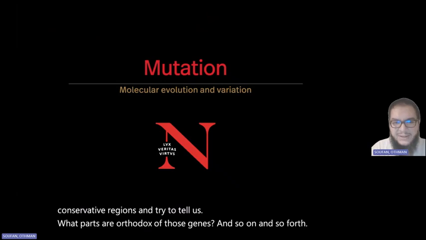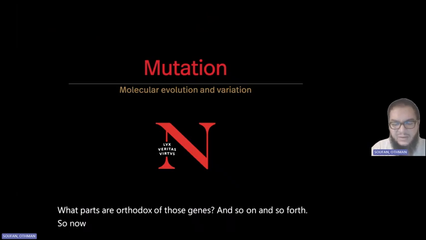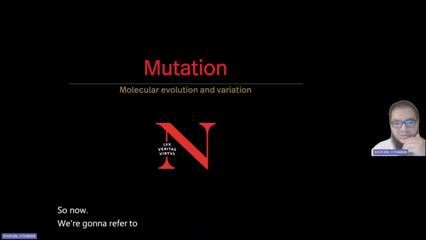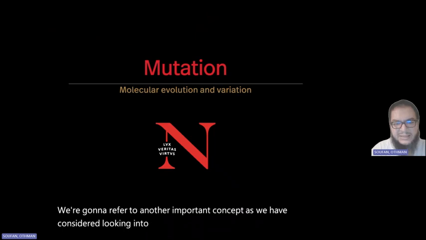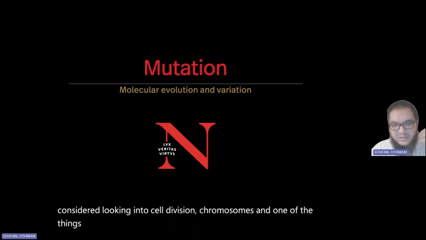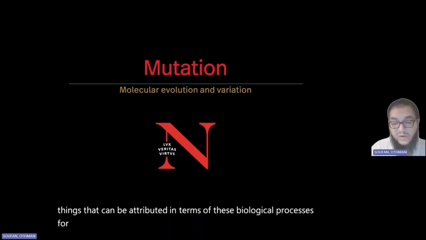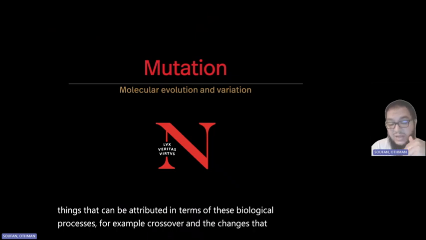So now I'm going to refer to another important concept. As we have considered looking into cell division and chromosomes, one of the things that can be attributed to these biological processes is, for example, crossover and the changes that it may lead to.